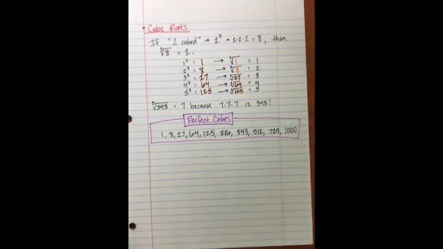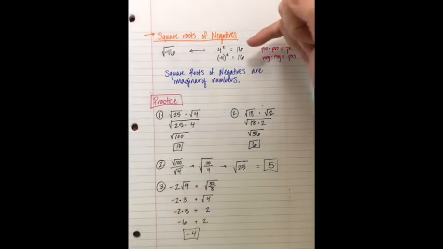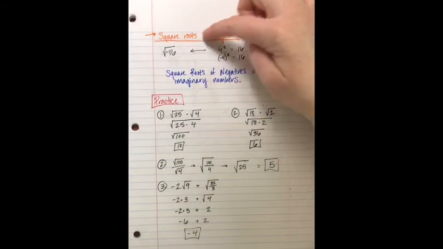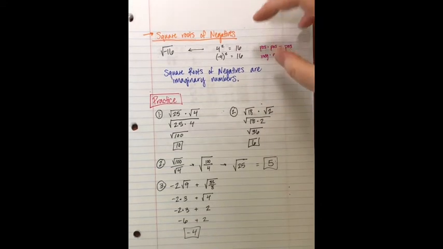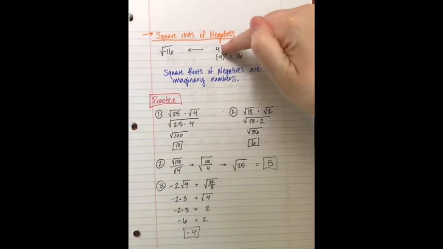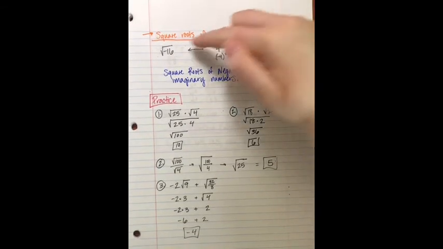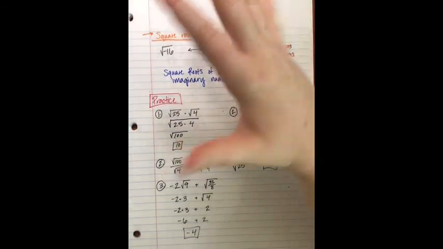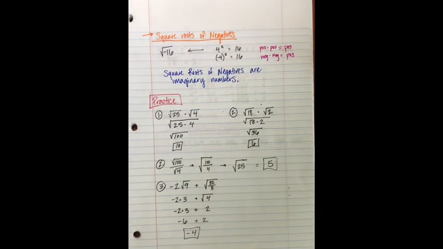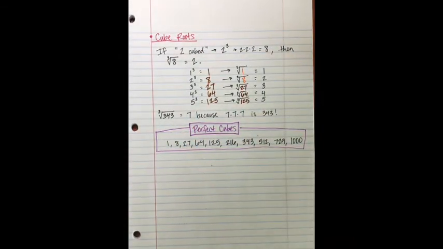Well, next thing I want to talk about is, in the last video we asked ourselves, can we take square roots of negatives? And we said, well, no, because if you square a positive, you get a positive. If you square a negative, you get a positive. So square roots of negatives aren't really possible at this stage in your math career. But now we got to ask ourselves, can we take cube roots of negatives?